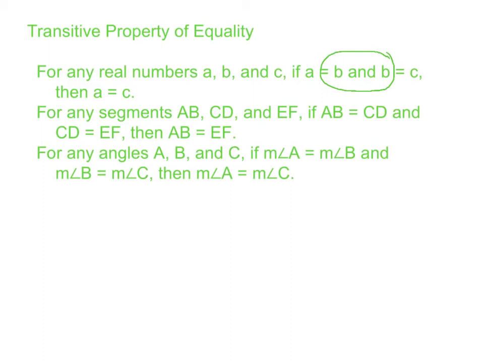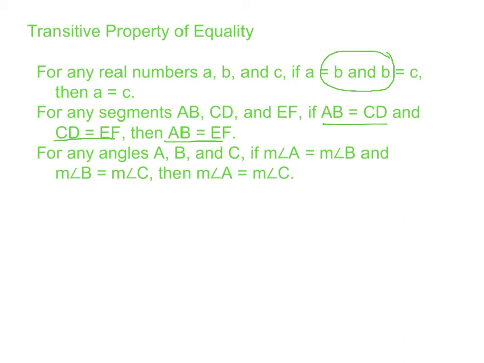If segment AB is the same length as segment CD, and segment CD is the same length as EF, then obviously we can delete the segment CD in the middle and say that AB is equal to EF.